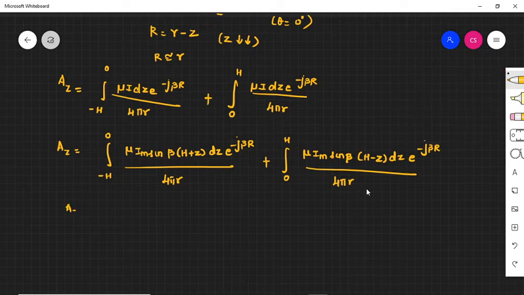So this will become Az is equal to, we can take mu Im by 4 pi r commonly outside. So this will become mu Im divided by 4 pi r.